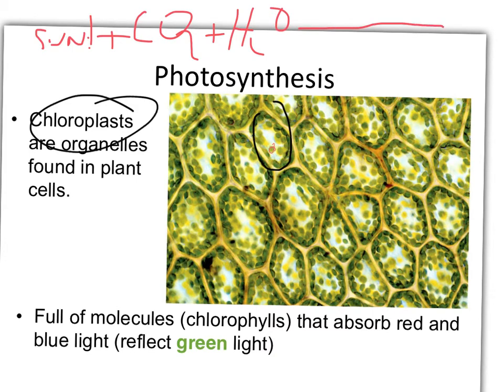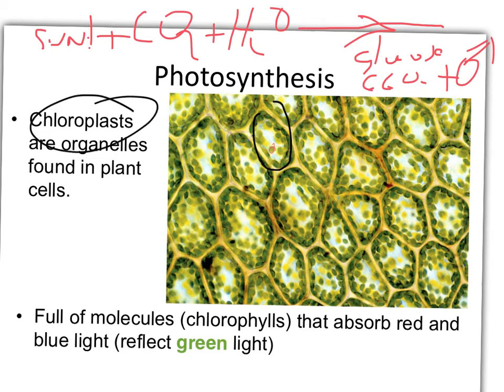Then photosynthesis is carried out with all these things, and we end up with glucose, which has a lot of carbon molecules strung together, okay, and also oxygen.